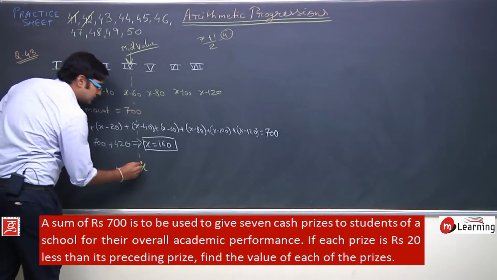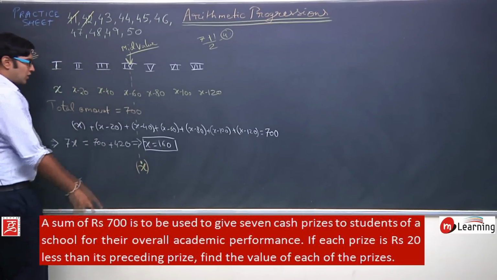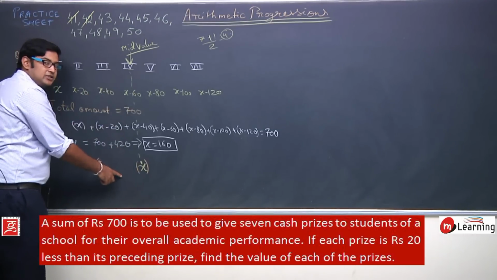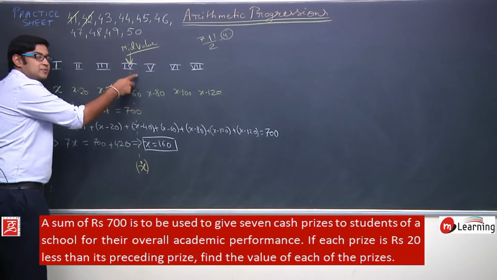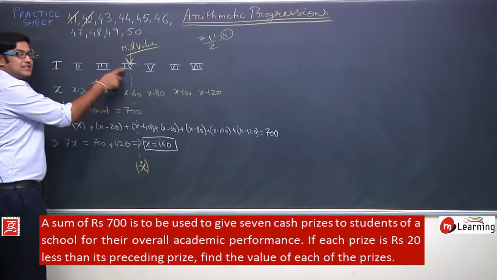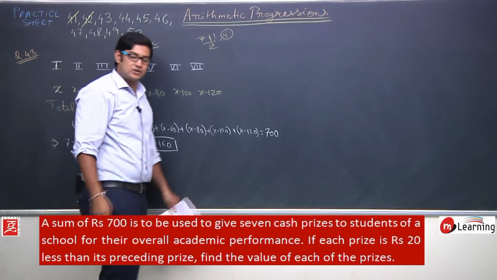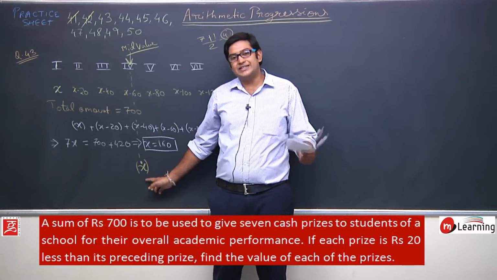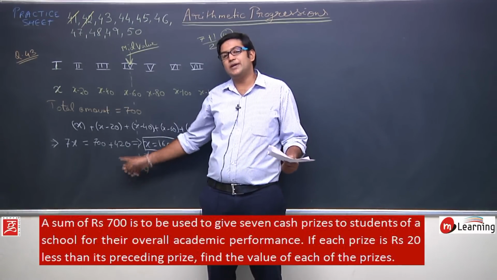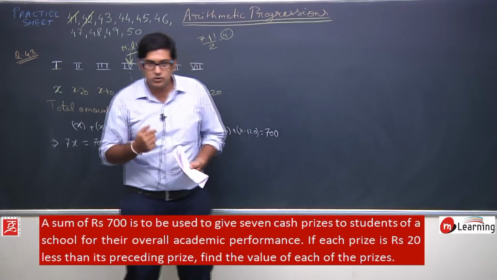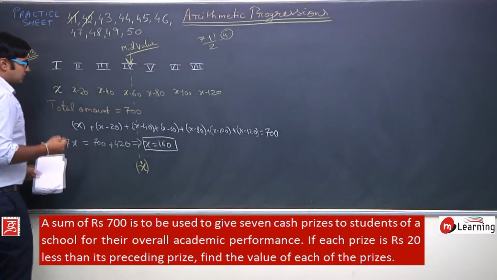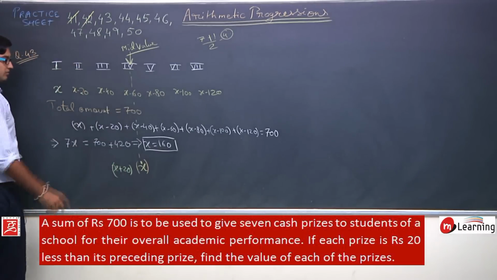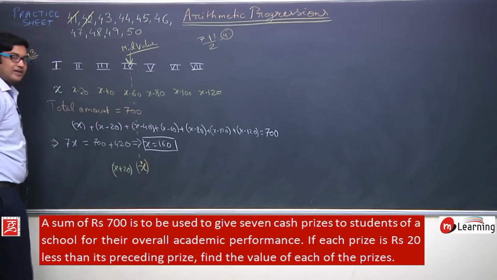Now, if the fourth prize is x, what will be the third prize? The third prize should be 20 rupees more than the fourth prize, because the fourth prize is 20 rupees less than the third prize. Let me repeat: if the fourth prize is rupees x, then the third prize should be x plus 20.